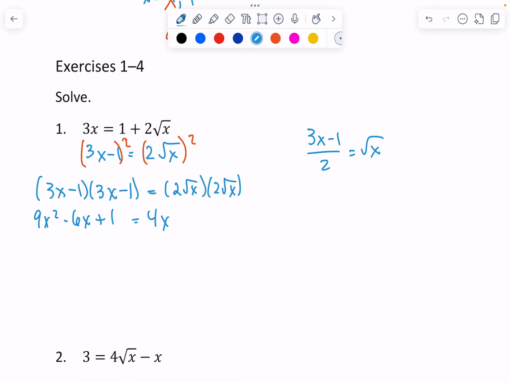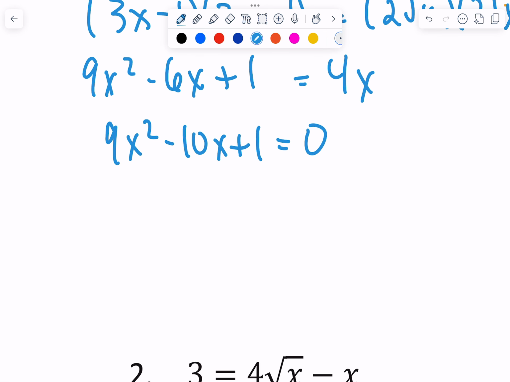Again, it's a quadratic, so move everything to one side and factor. I'm going to factor using guess and check. So I know that this number comes from the product of whatever the first two terms are. So I could do 3x and 3x, or I could do 9x and x.